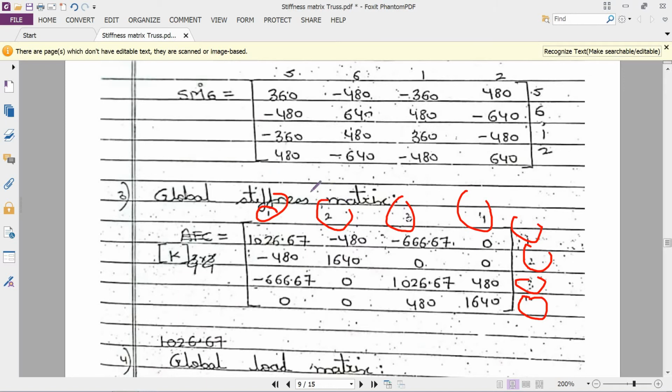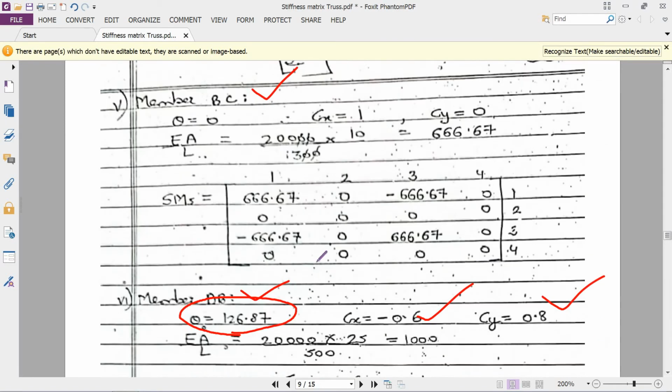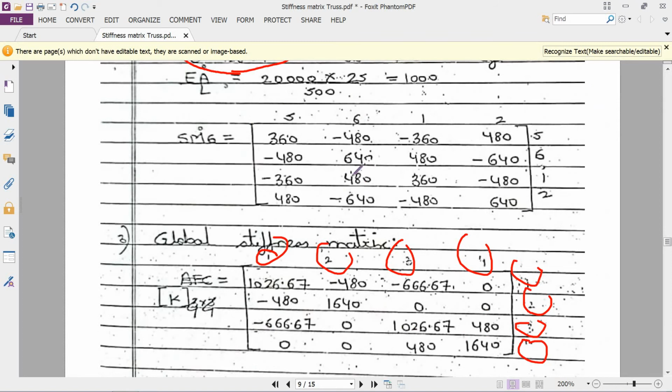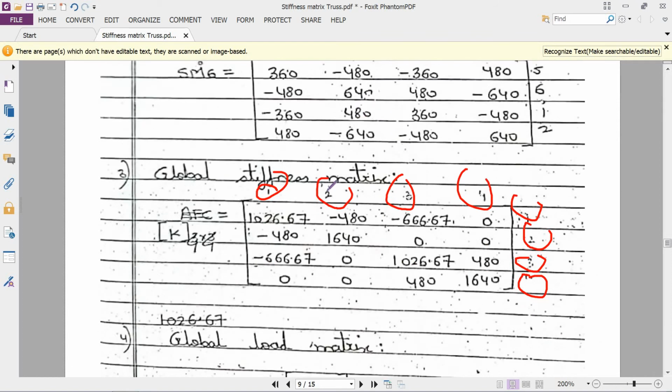This combination you have to see from all 6 members very carefully, and if there is addition, you have to add all these values and put them under this. So the global stiffness matrix is just a combination of these rows and columns.